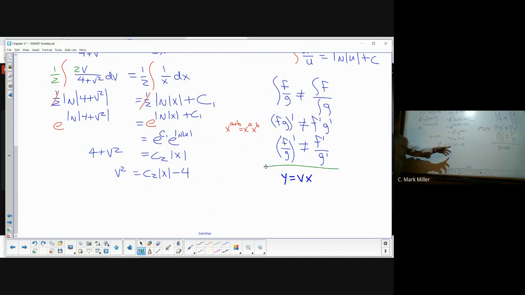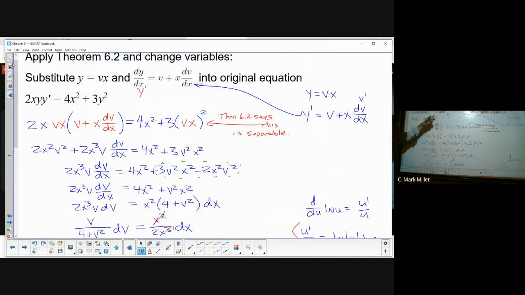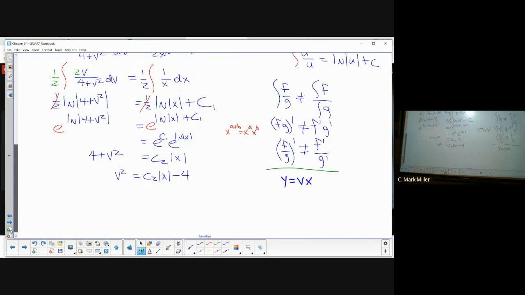The x can be part of my answer, but the v, like this original problem, it knows nothing about v, right? You mention v to it, it goes, what? So we can't have v in our answer. We used v as a tool here, and now we've got to substitute back. So this here implies v is y over x.